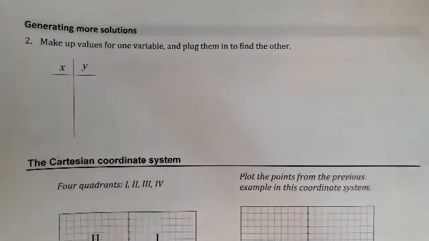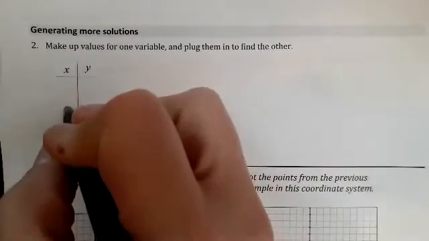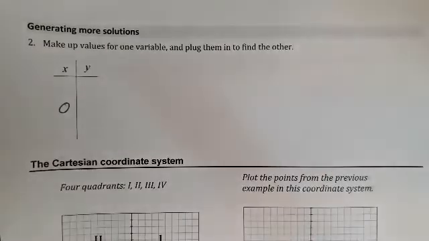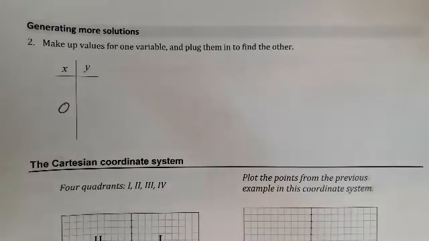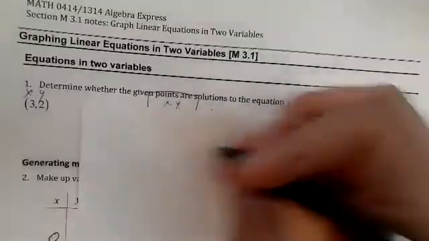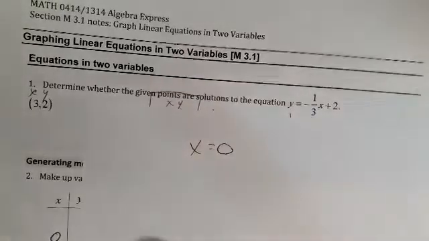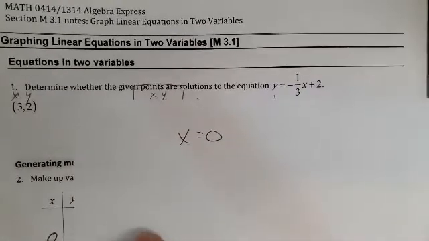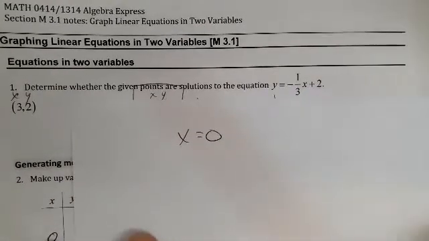So if I'm making a t-chart, what I'm almost always going to do is throw in a 0 for x. It's one of the easiest variables to plug in and figure things out. So if I go back up here, I want to do where x is 0, and figure out what my y coordinate is going to be.